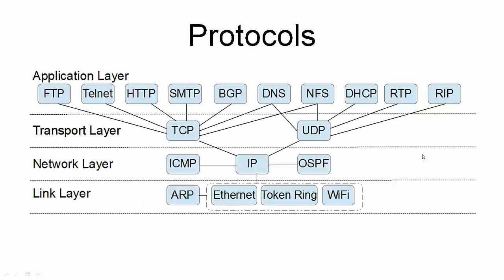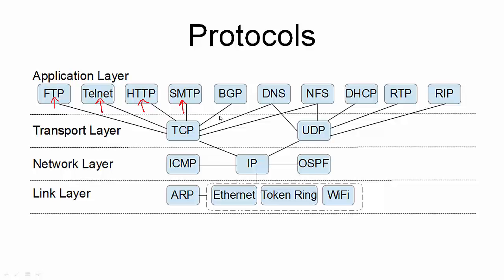So here is a look at the different protocols as part of the different layers. The application layer has a lot of protocols. You may be familiar with the file transfer protocol, the telnet protocol, this is the web browsing protocol, this is the email protocol. We'll cover the rest of this as part of the course. At the transport layer, we have the TCP protocol and the UDP protocol.